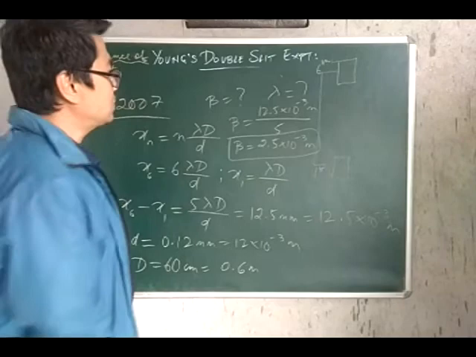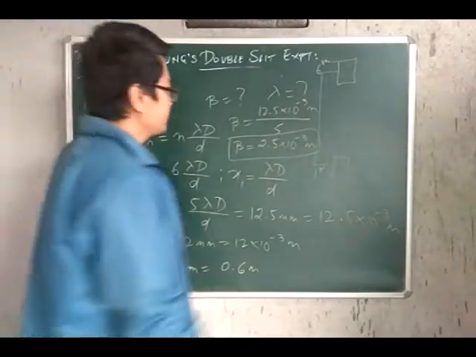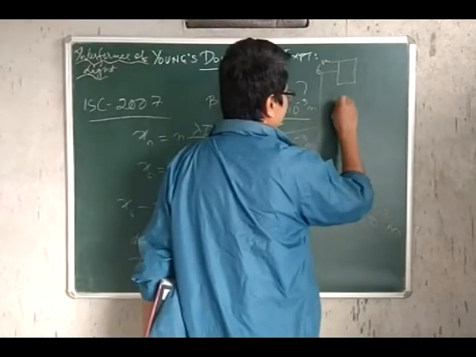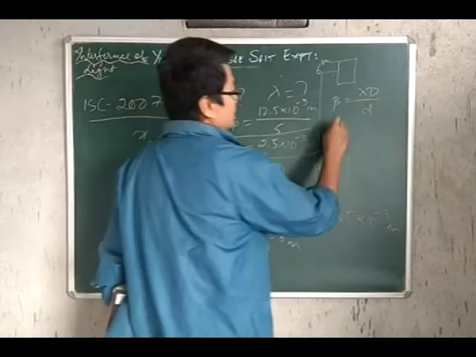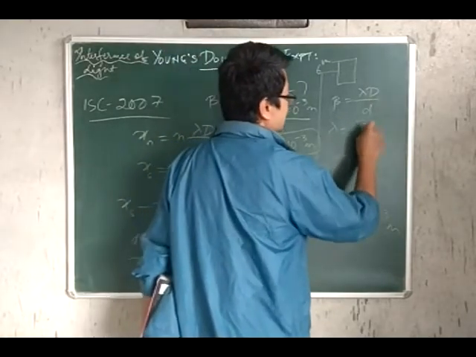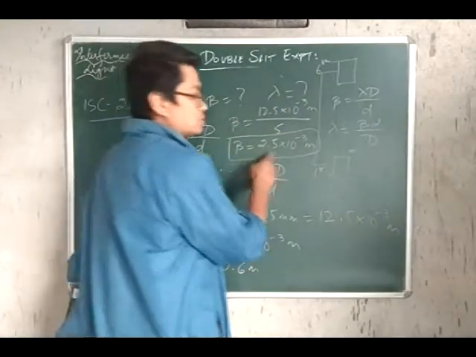The question also asks us to find lambda. Again, beta is lambda capital D by small d, so lambda will be beta small d by capital D. Beta we have just found out.